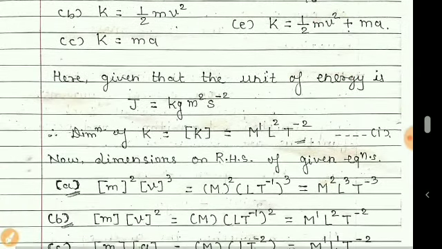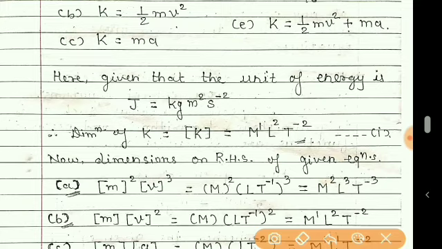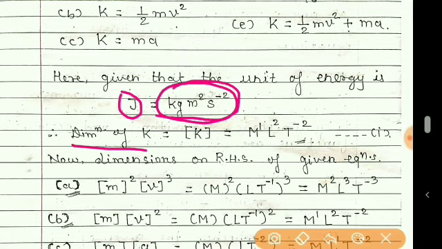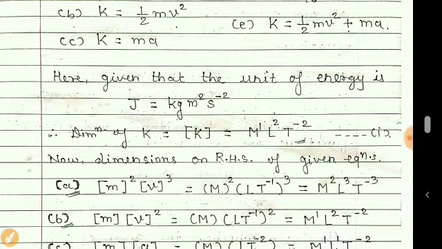Here it is given that kinetic energy, its unit is joule, that is given in the statement, and joule means it is kg meter square per second square. So from this unit we can easily say that the dimension of kinetic energy K is equal to M^1 L^2 T^-2. Why is it this?